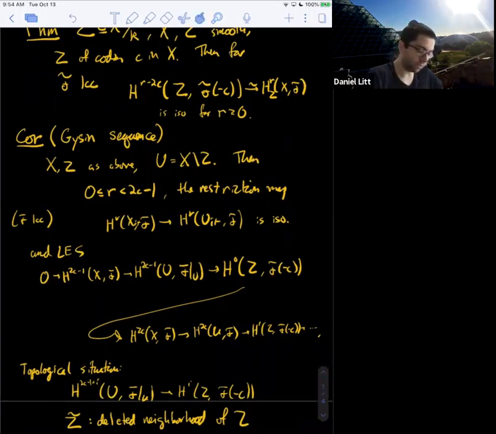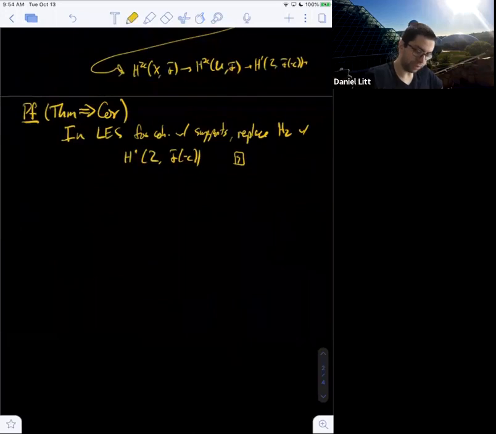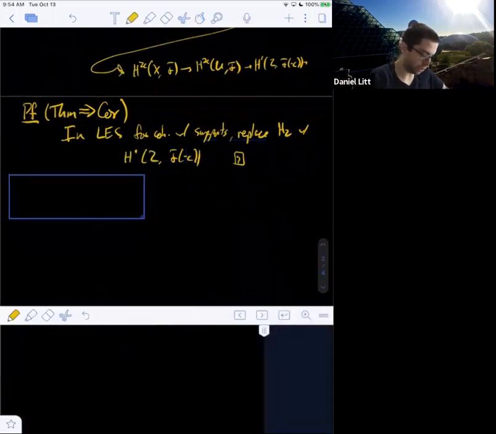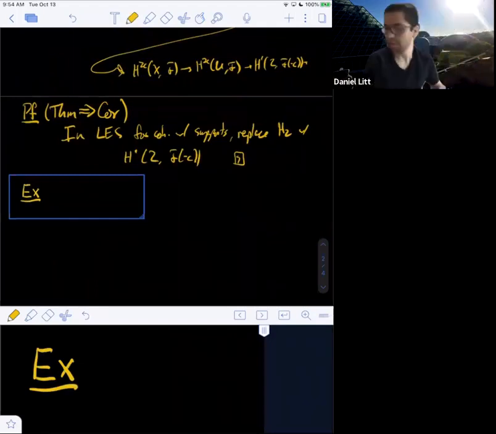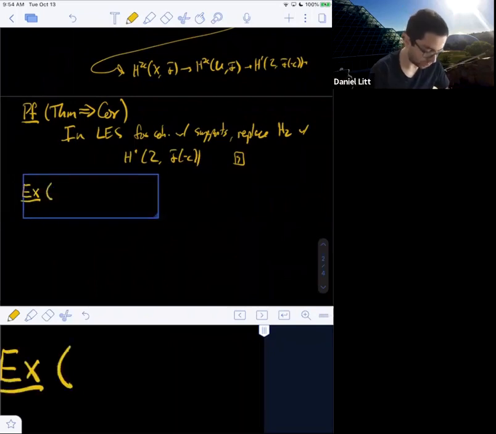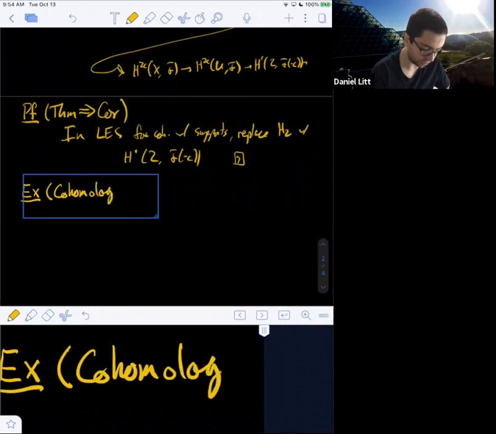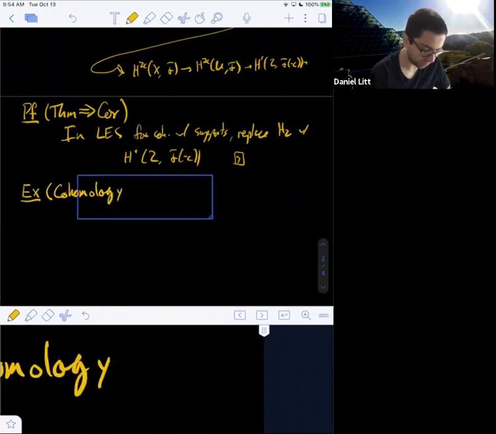All right. So let me do an example now, and I'm going to have to owe you something in the example, but not too much. So what I want to do is compute the cohomology of projective space, using this long Gysin sequence.